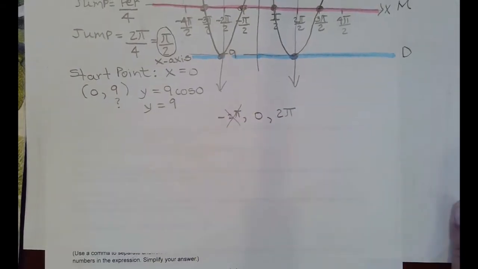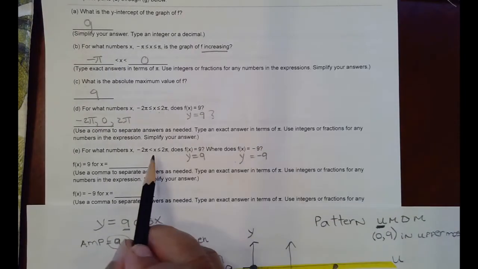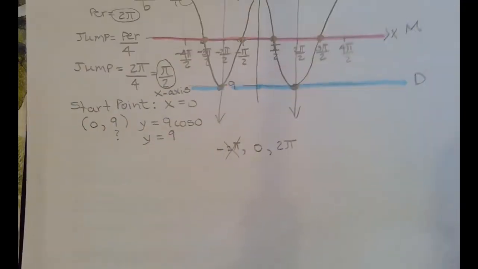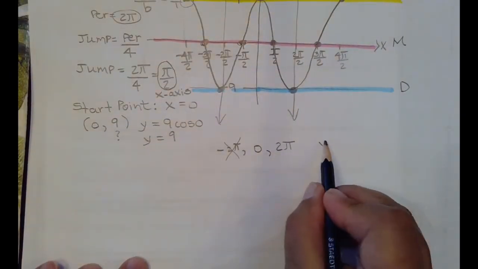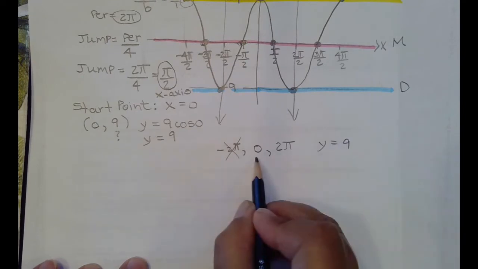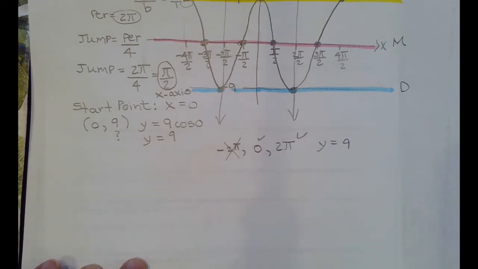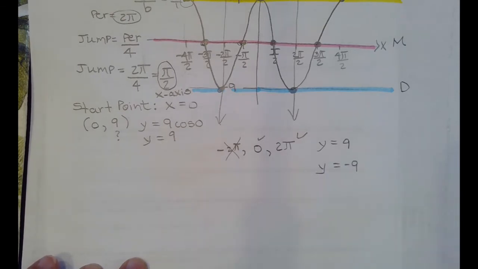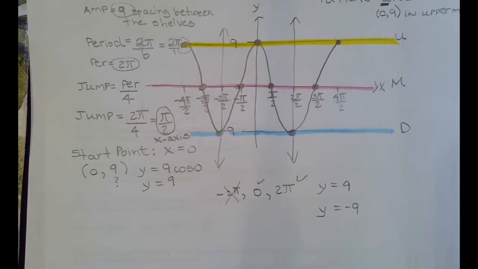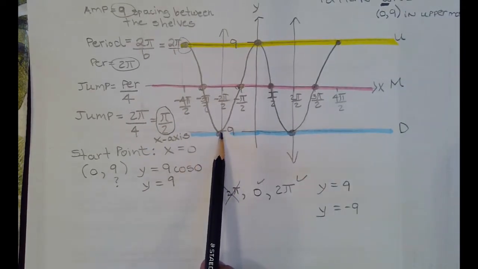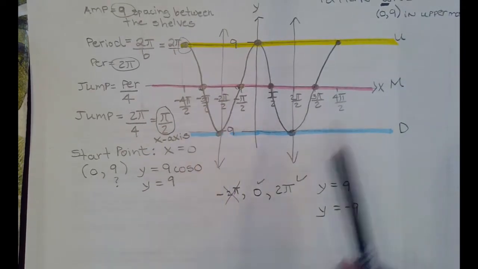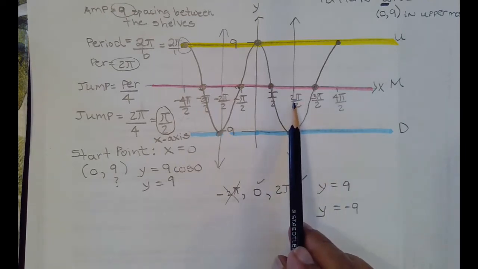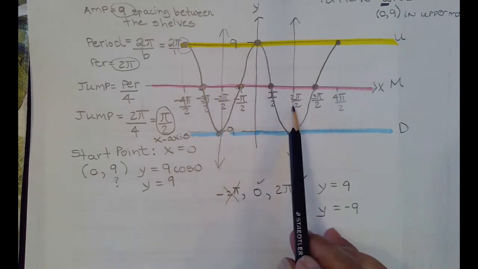So for negative 9, it occurs right here at negative pi. And then that negative 9 value also occurs at positive pi. So negative pi and positive pi. So we'll bring those over here. So obeying this for that, and when is it equal to negative 9, negative pi, and also pi.